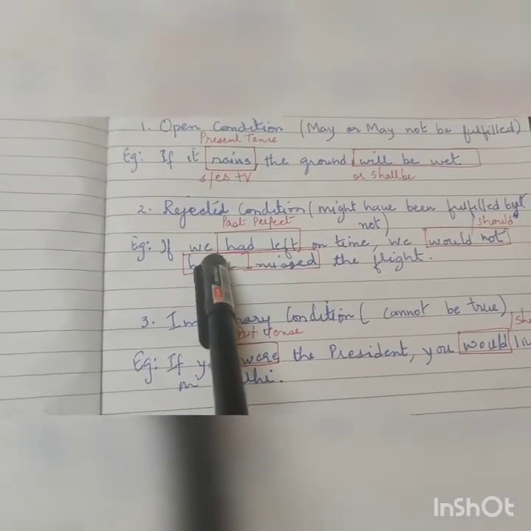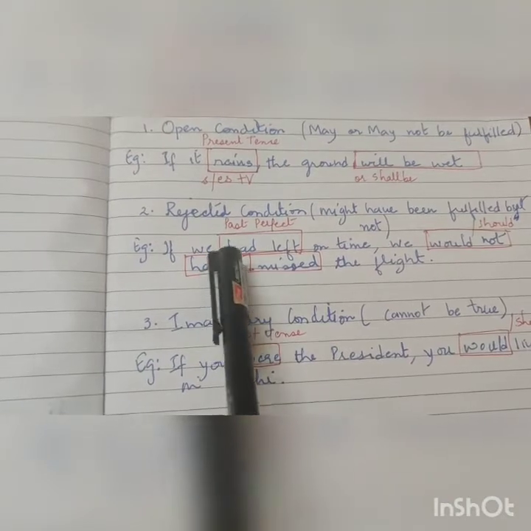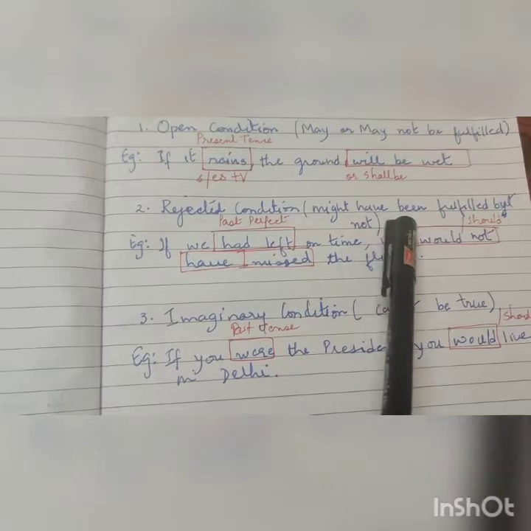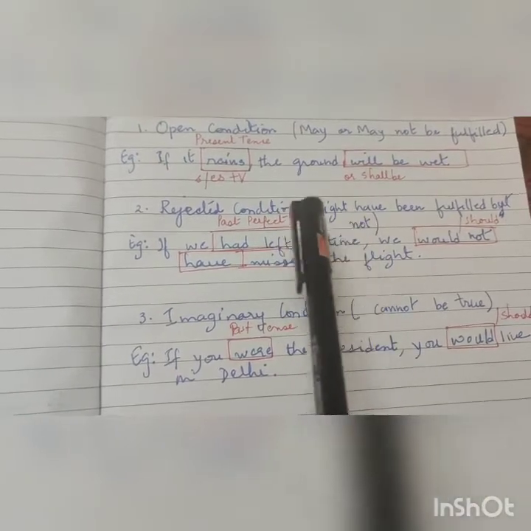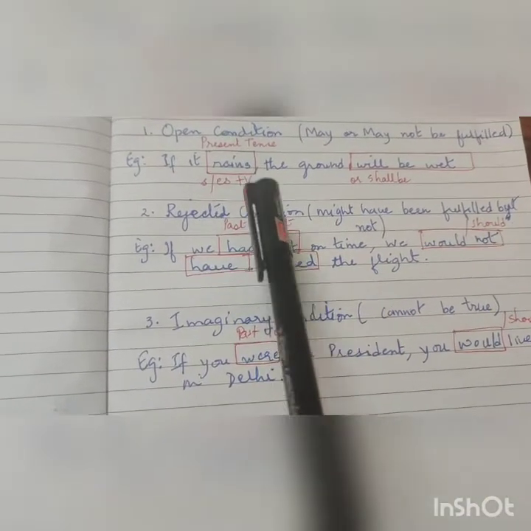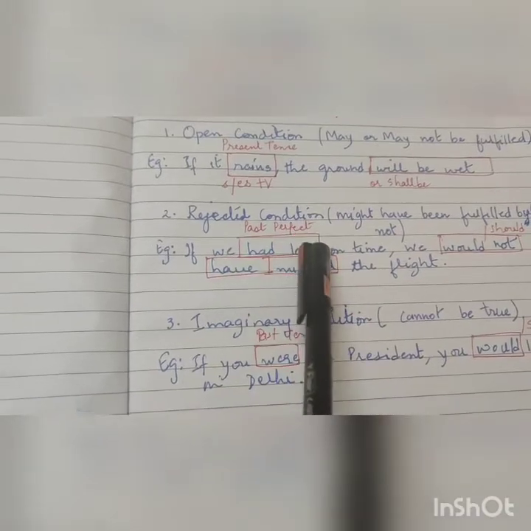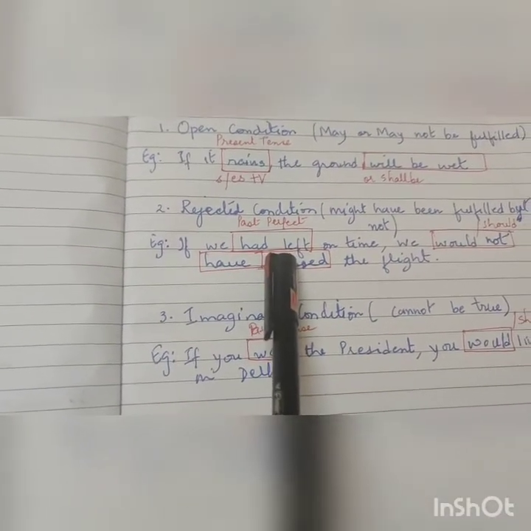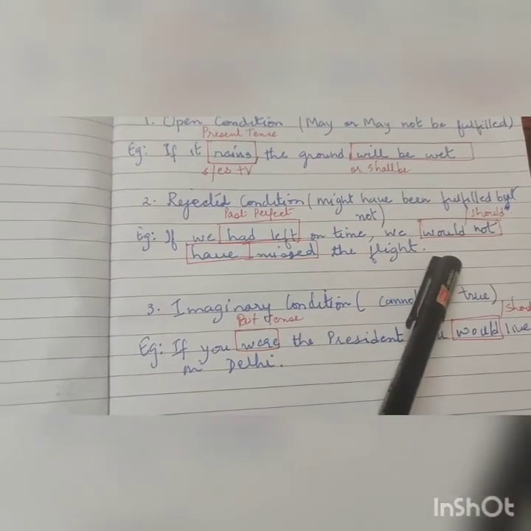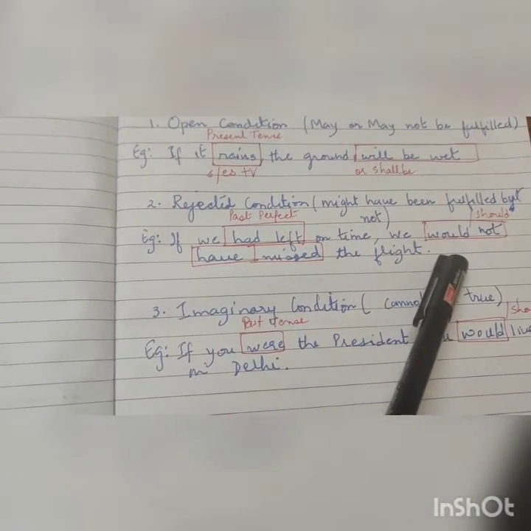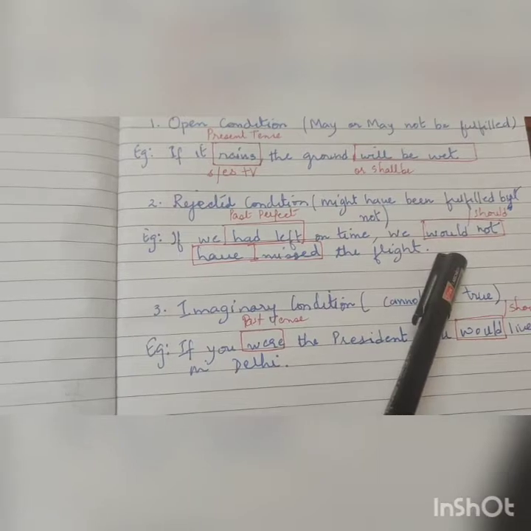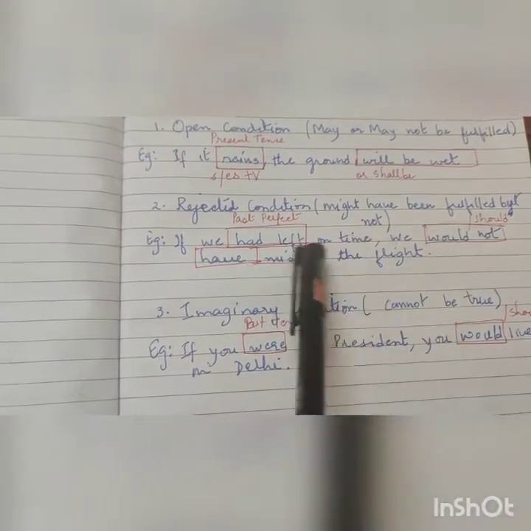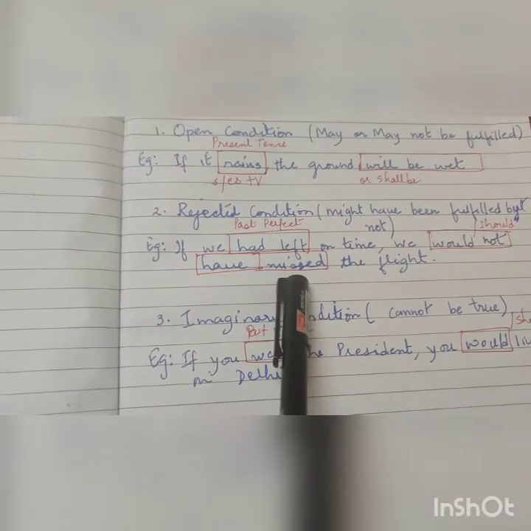Now in the rejected condition, as you know, we have talked about might have been. That means we were talking about the past. So here, past perfect, had left, past perfect will come, and automatically here in the second part, in the subordinate or the dependent clause, it will be would not have missed or should not have missed.